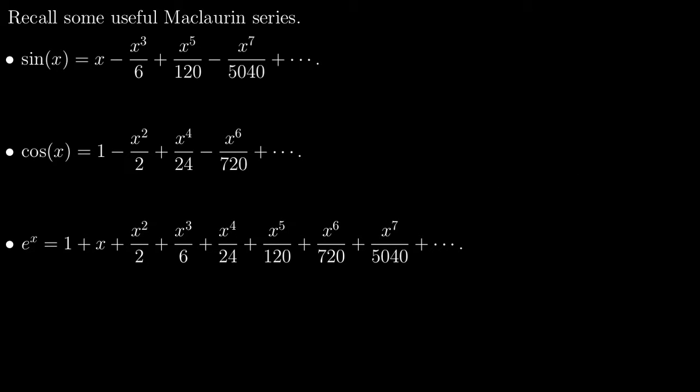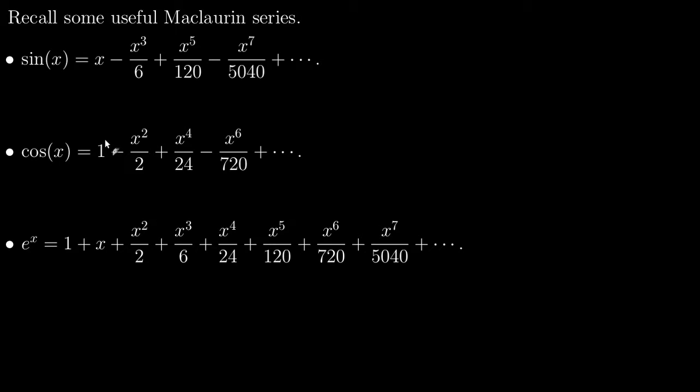So what we see here is that sine takes care of all of the odd powers. Cosine has all the even powers. This is x to the 0. E has all of them: x to the 0, 1st, 2nd, 3rd, 4th, 5th, 6th, 7th, and so forth. The magnitude of the terms are always equivalent.